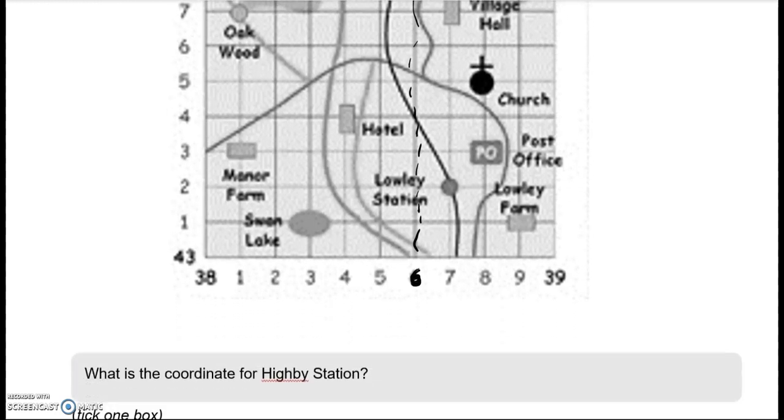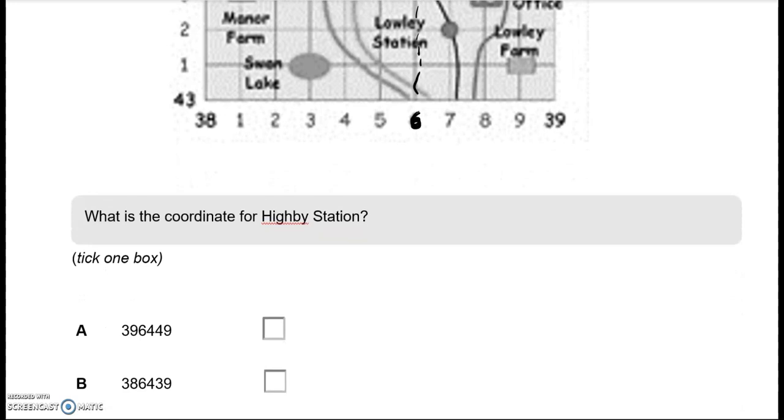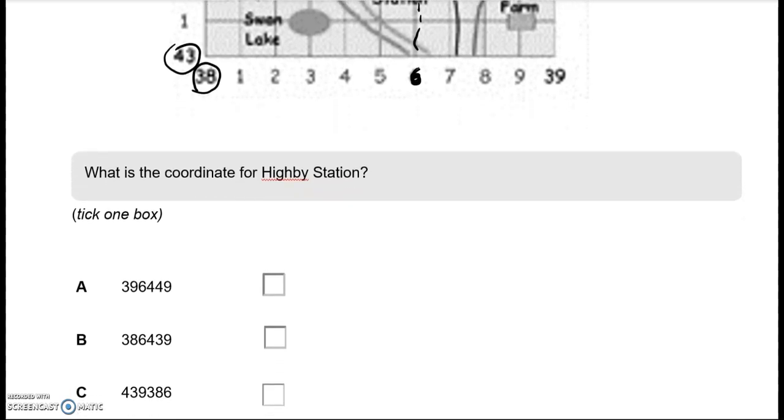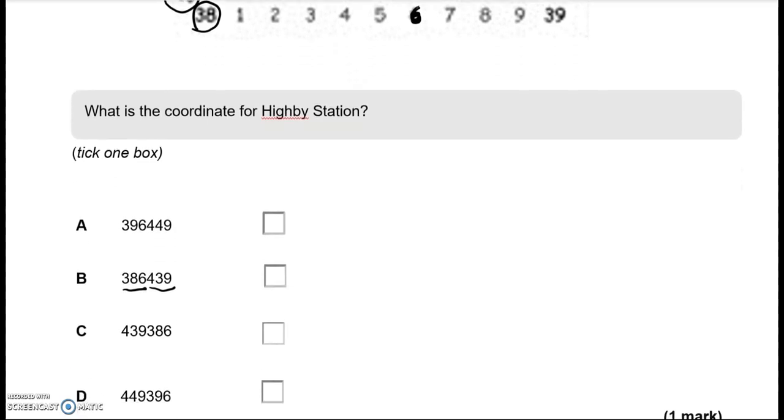So we'll bear that in mind when picking the option. So there we have 38 here and the 43. 38 and 6 and 43 and 9. So option B.